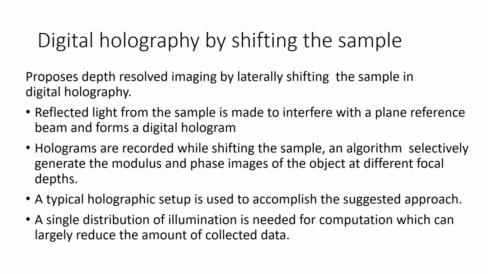An algorithm selectively generates the modulus and phase images of the object at different focal depths. A typical holographic setup is used to accomplish the suggested approach, and a single distribution of illumination is needed for computation, which can largely reduce the amount of collected data.